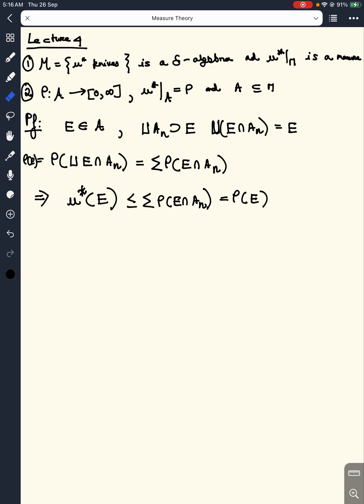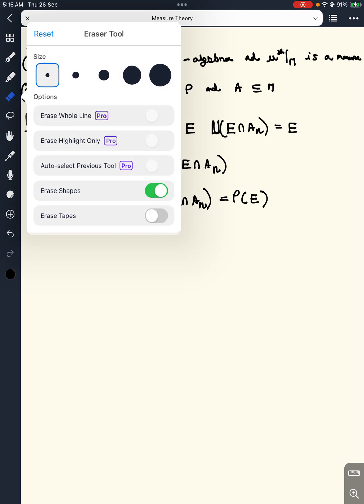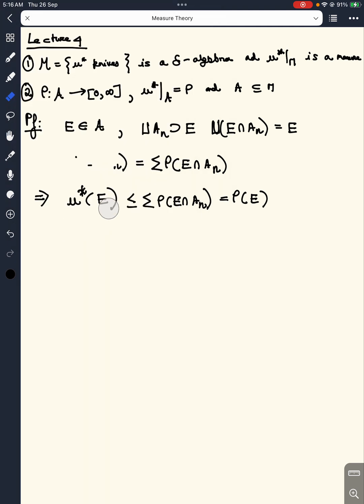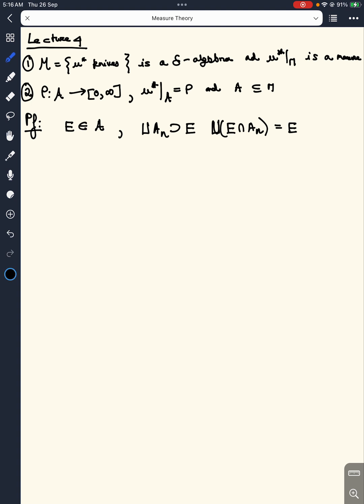Okay, no, not this actually, we have to do something different. This proof is not correct. So this part is actually trivial, this inequality, since E covers itself, then mu star of E is less than or equal to rho of E.